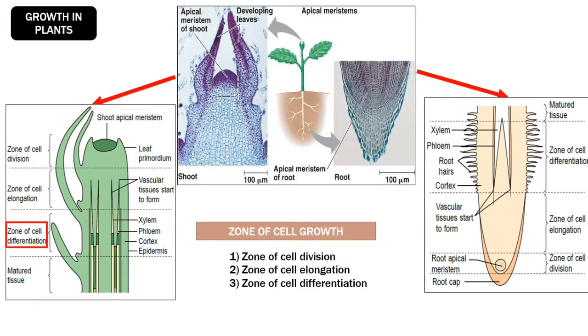And the zone of cell differentiation at the shoot. This is the location of zone of cell division at the roots, zone of cell elongation at the root, and zone of cell differentiation of the roots.